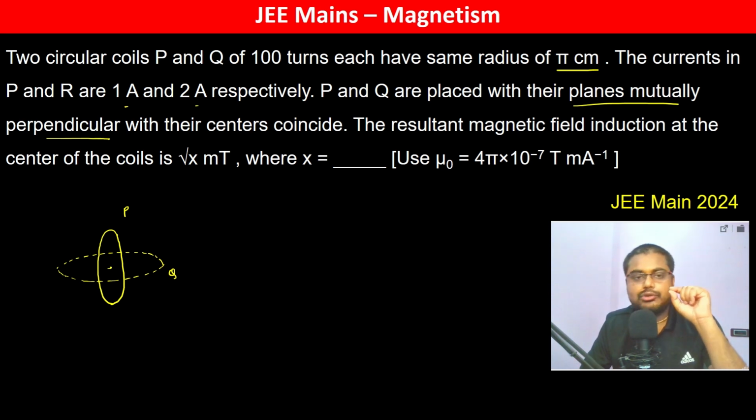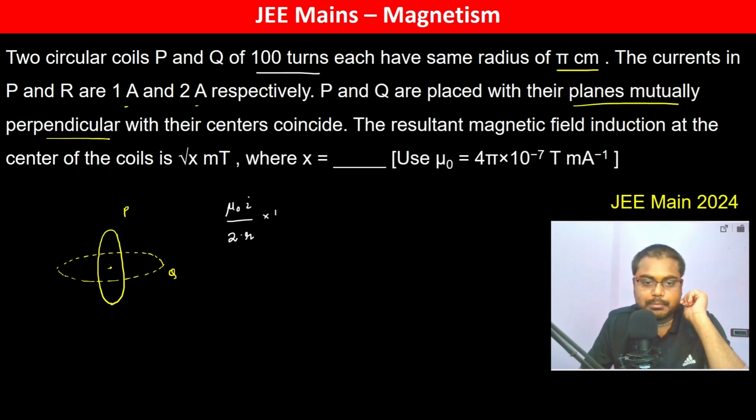So if you see, the magnetic field due to a circular loop is going to be how much? Mu naught into I divided by 2 into R. Of course n turns are there, so we will multiply it by n, and both fields are going to be perpendicular to each other.